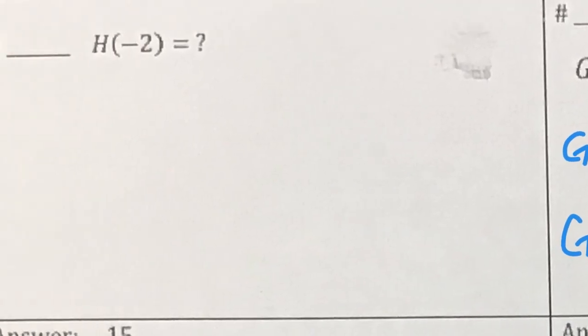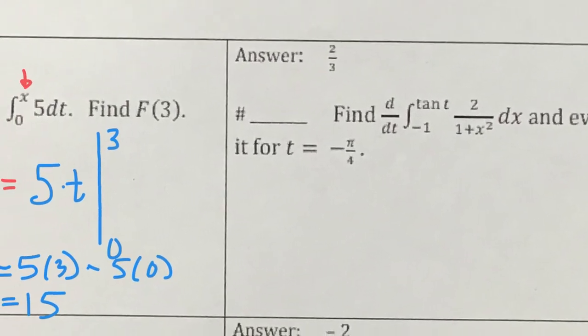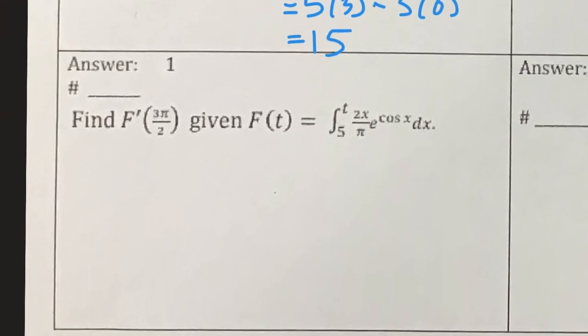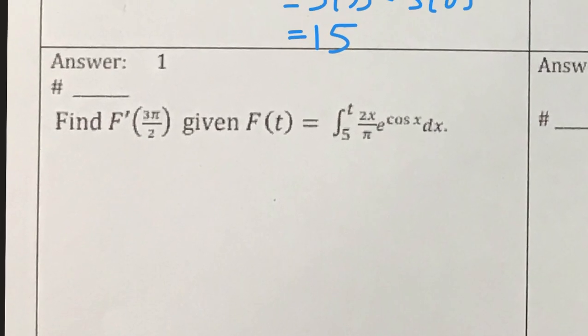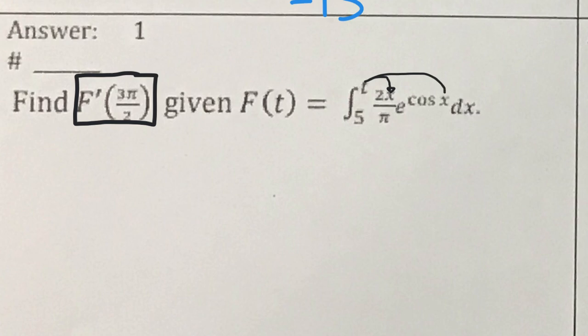Okay, that takes us over to here, to this crazy looking problem. But it's not bad. So once again, we're trying to find a derivative of an integral. So we're going to put our variable into both of these, and you're going to multiply it by 1.